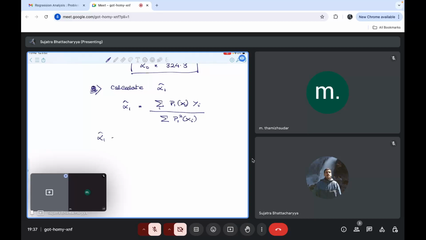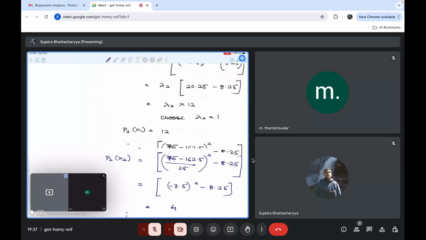So alpha 1 hat will be 335 into minus 9 plus 326 into minus 7, and so on up to 345 into 9 in the numerator, divided by minus 9 whole square plus minus 7 whole square, and so on up to 7 square plus 9 square.